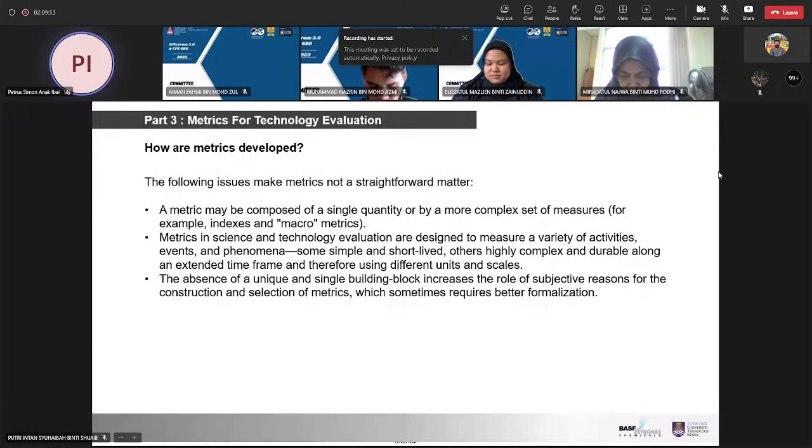So actually, these are the issues that make the metric not straightforward. Basically, a metric can be composed of a single quantity or a more complex set of measures. Metrics in science and technology evaluation are designed to measure a variety of activities, events, phenomena. Some are simple, short-lived, some are complex. And there's also an absence of a unique and single building block, which increases the role of subjective reasons.